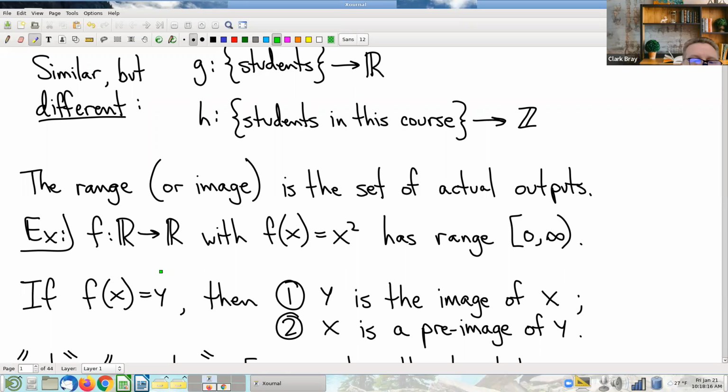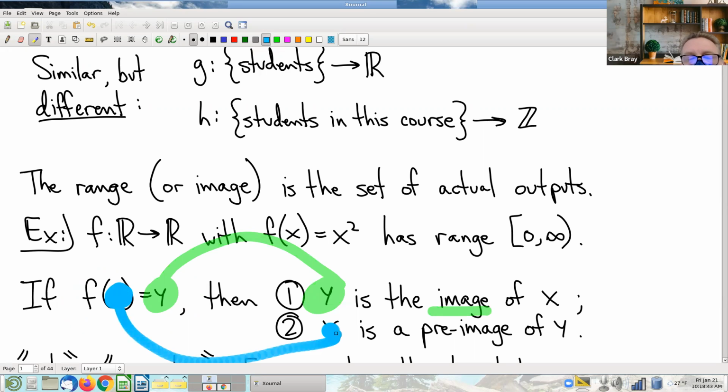Now, if you look not at the entire function, but at a single example of a number going in and a number coming out, the output of that single story is called the image. It's the image of X. The input there is called a pre-image. I think that lingo is pretty reasonable, right?